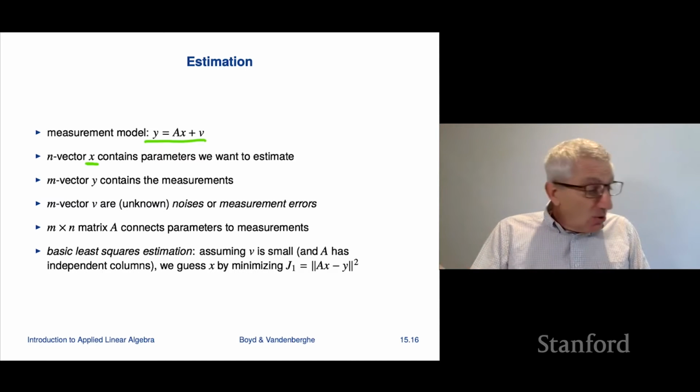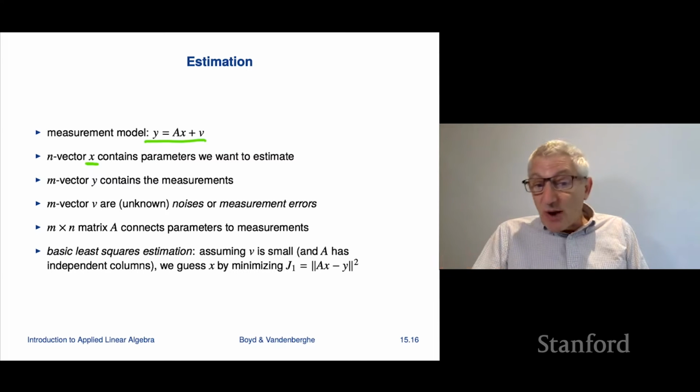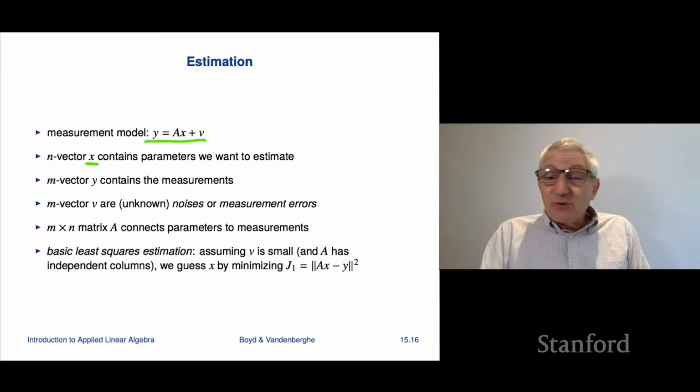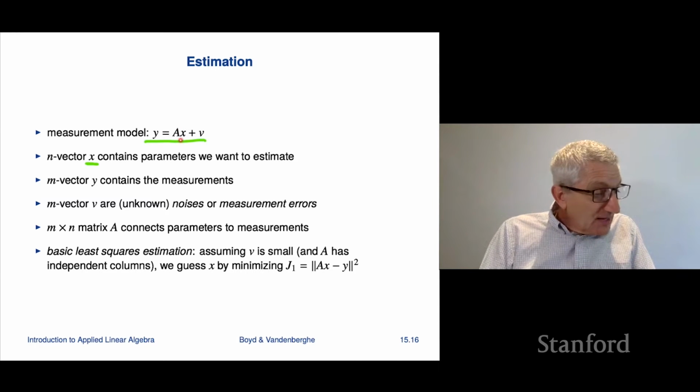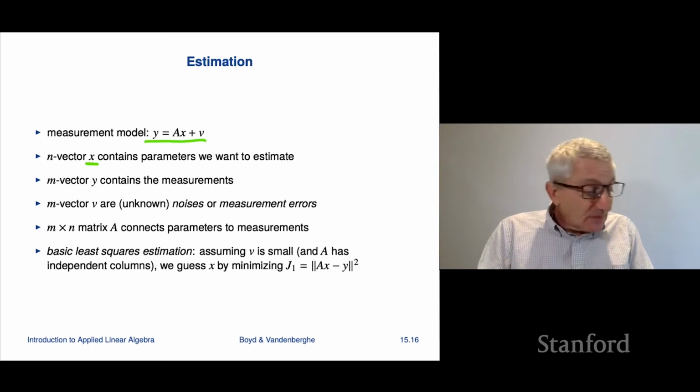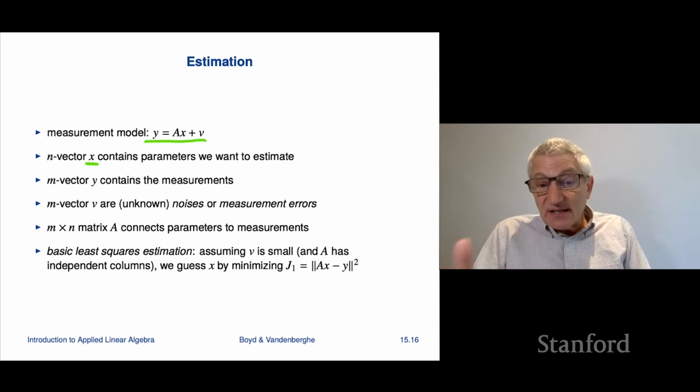And in estimation you would know A, that describes your system, and you would observe y, and your goal is to guess x. Now, one interesting thing here is if you know y, and you know A, if you make any guess x, you can look at y equals Ax, and you're basically guessing what v is at that point, right?